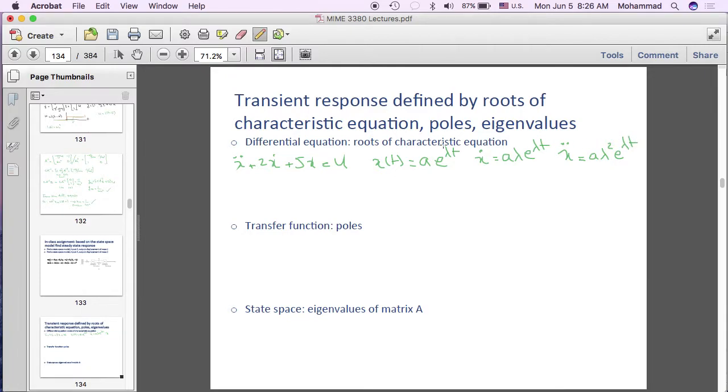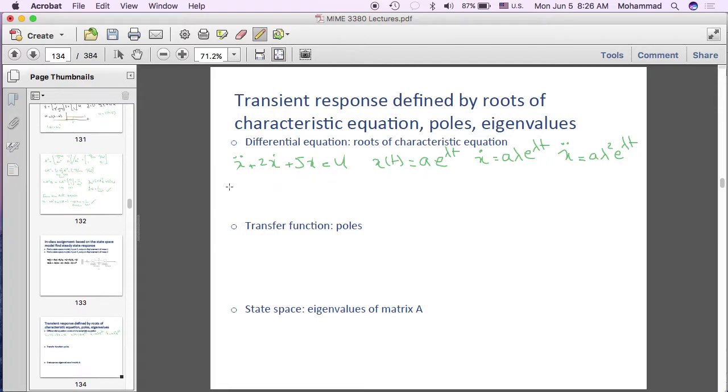Okay, so we know what x, x dot and x double dot are. So we're going to plug them into this equation. Is that okay? So for x double dot, I will get a lambda squared. If you look closely, a and e to the power lambda t are repeated between these terms, so I'm going to factor that out.